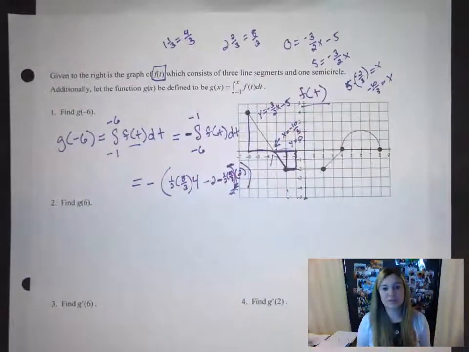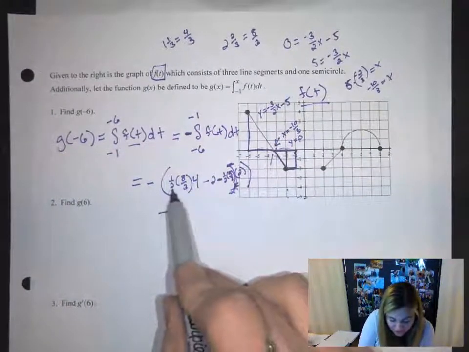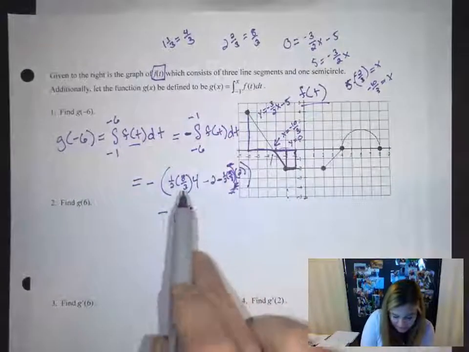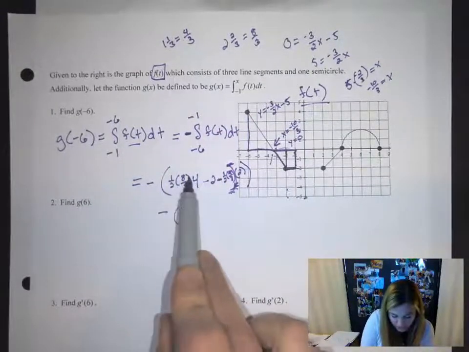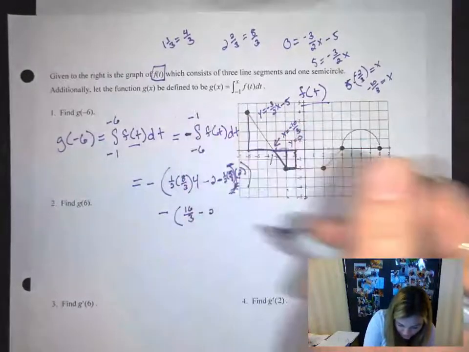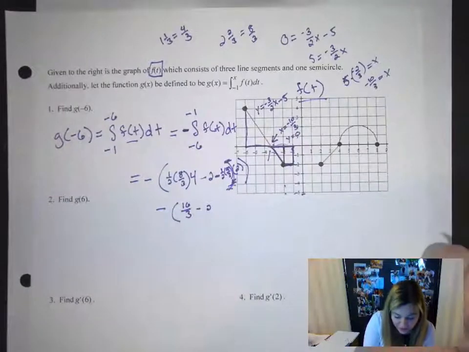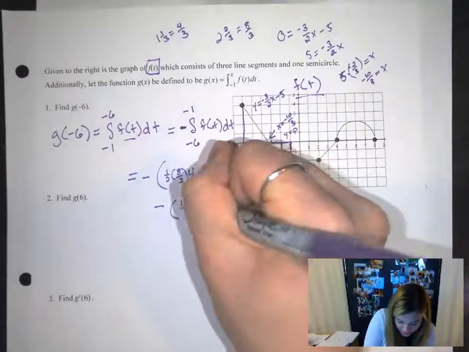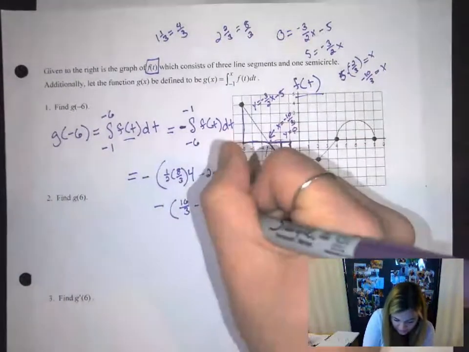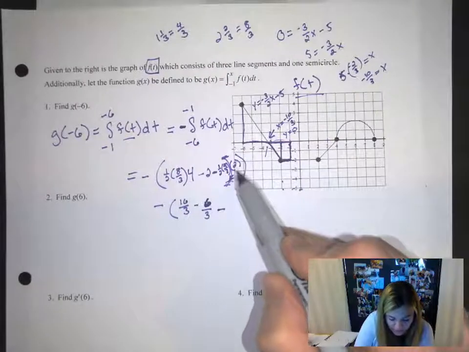Whew, this is a lot of work. Okay, this would be 2 times 16/3, because I did 4 divided by 2 times 8, 16/3, minus 2. So I'm actually going to put this in terms of thirds again. So -2, I'm going to rewrite that as 6/3. 1/2 times 2 would just be 1.